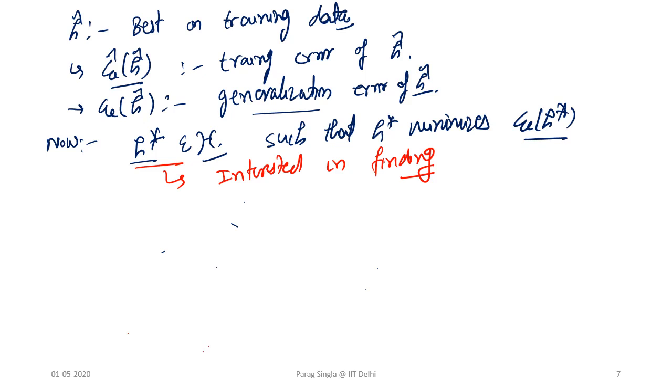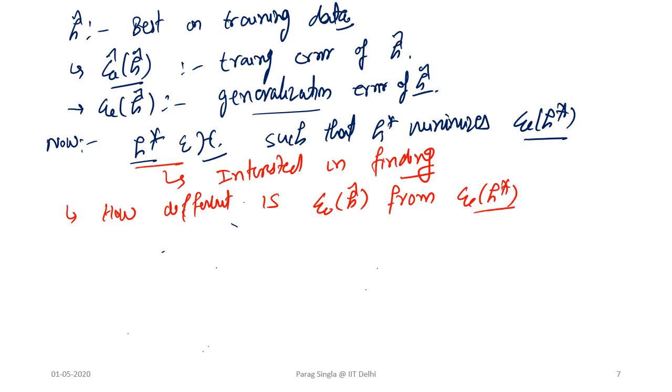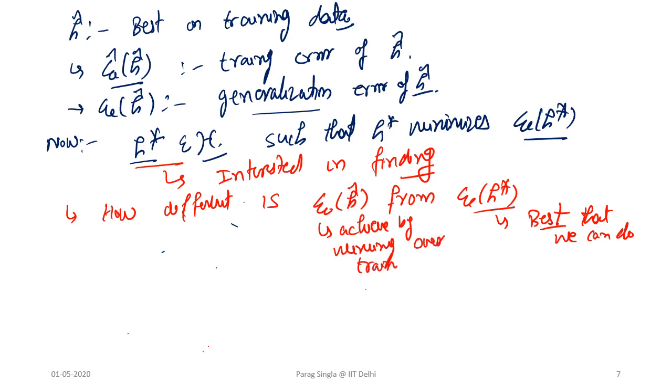In particular, if you think about it carefully, what we are interested in is how different is the generalization error of H hat from the generalization error of H star. This is the best that we can do, and this is what we achieve by optimizing over training data.